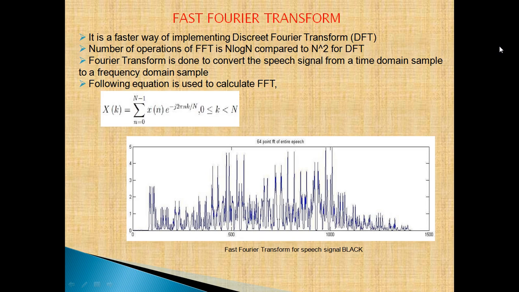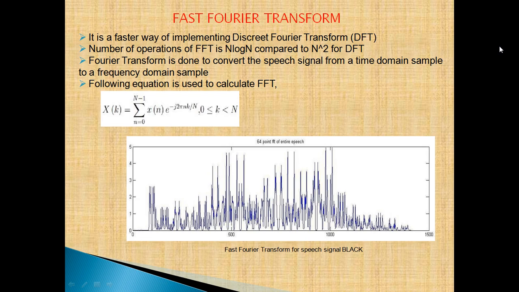Next, we are talking about the fast Fourier transform. Here the main concept is to perform a discrete Fourier transform on the data signal. This helps us in converting the data from a time domain sample to a frequency domain sample.